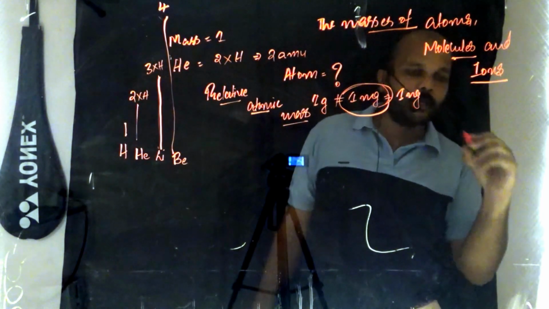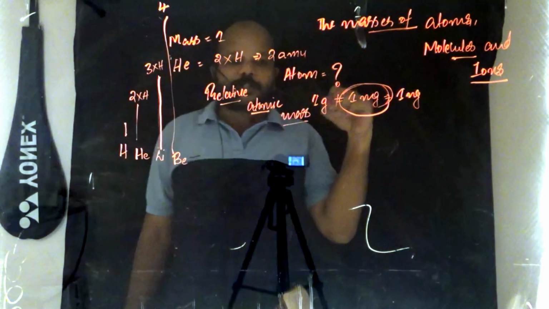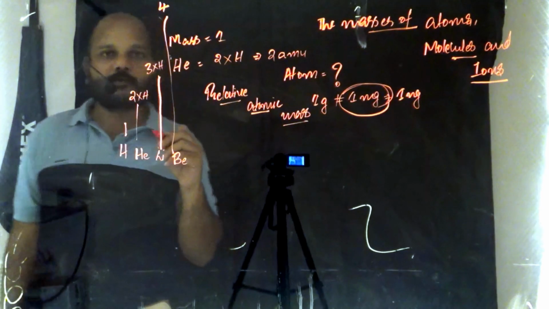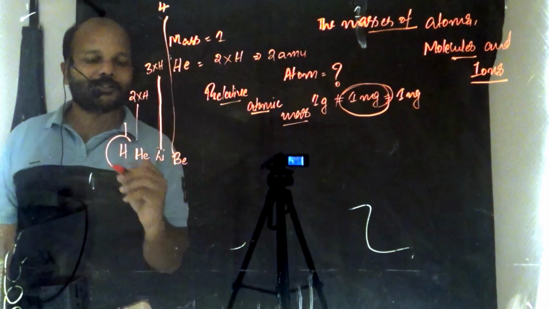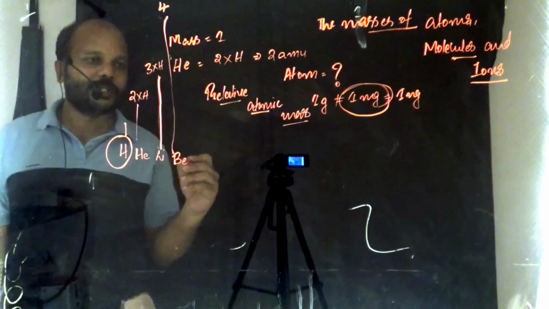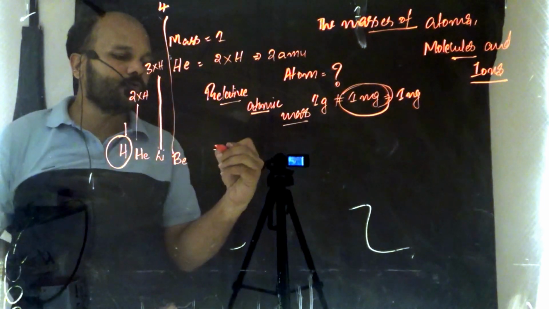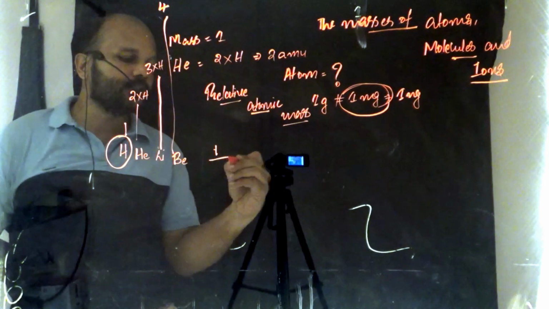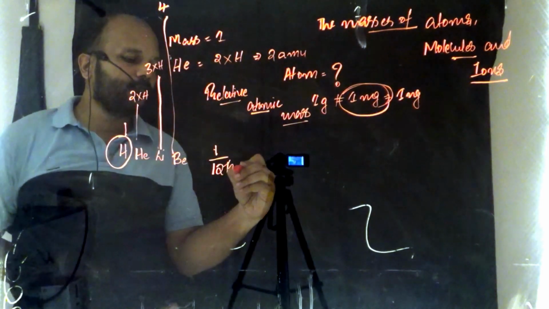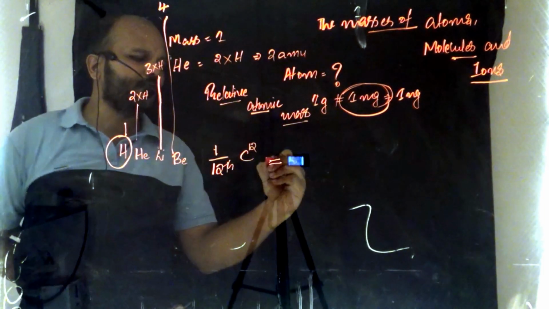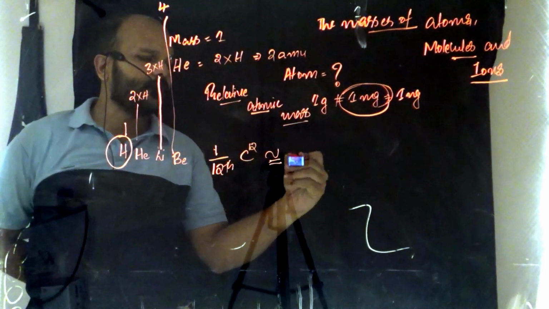So the concept is the relative atomic mass. In the initial days they used hydrogen as the reference and first standard, but later on they changed it into 1/12 of the mass of carbon 12 isotope. In fact, this is very close to the mass of hydrogen atom.